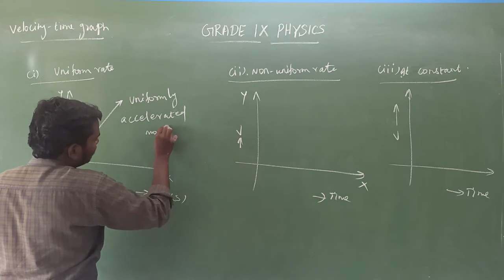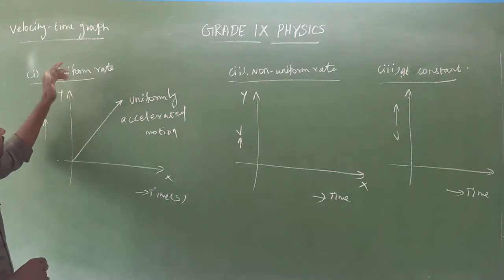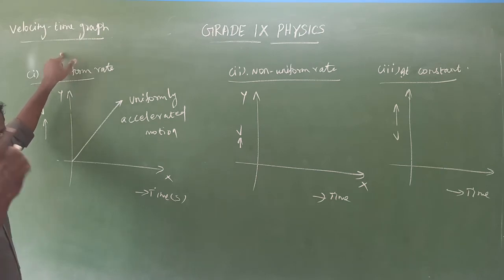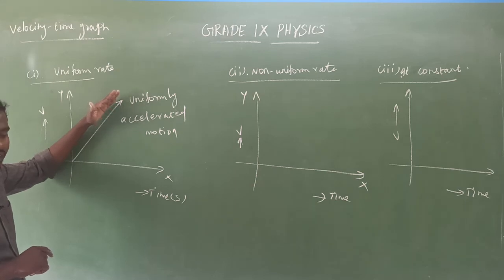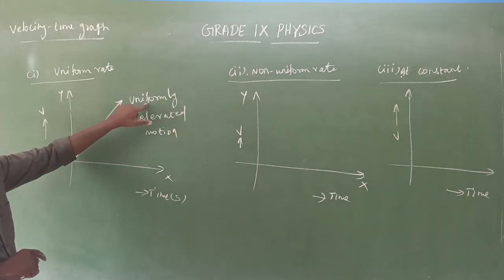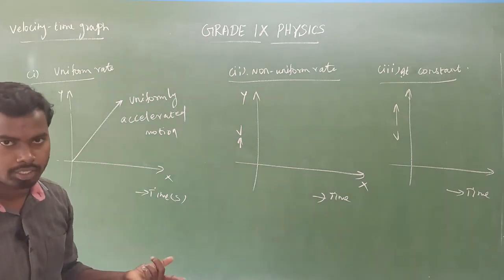That motion is said to be uniformly accelerated motion. Note this point: in the velocity time graph, whenever the straight line is inclined to the time axis, that motion is said to be uniformly accelerated motion. That's all.